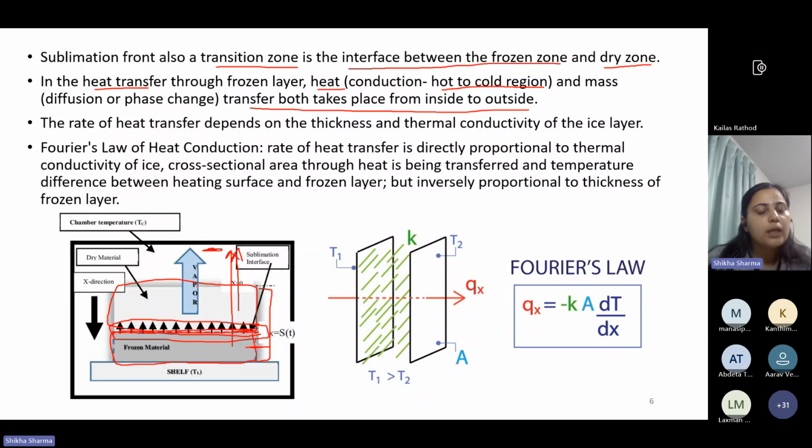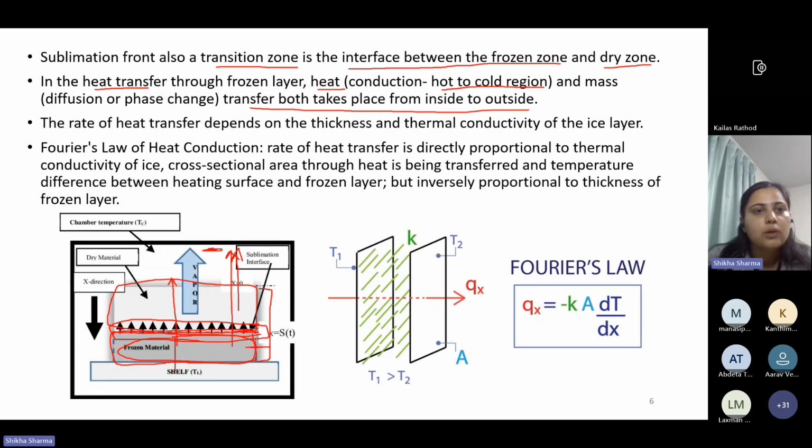Also, if we see the heat, the frozen product gets the temperature, and then the ice is converted into water vapor. So it is also taking place from inside to outside.